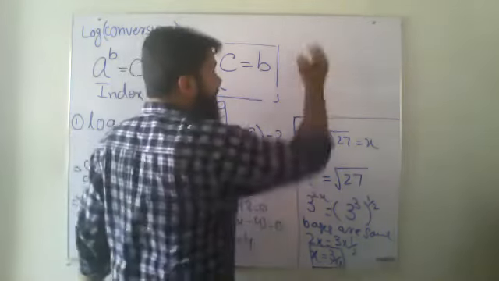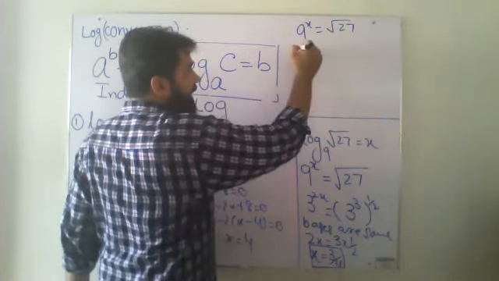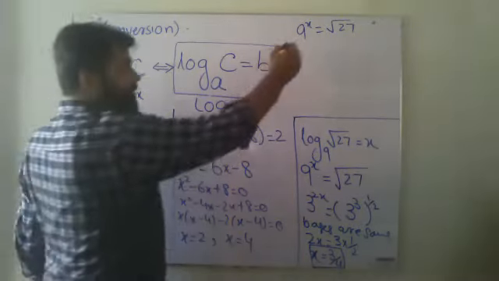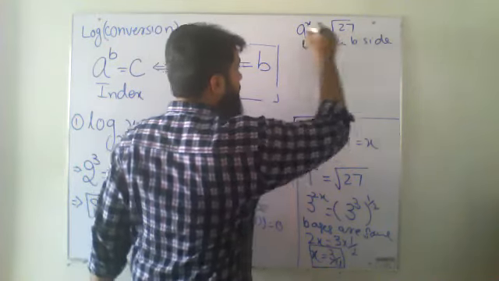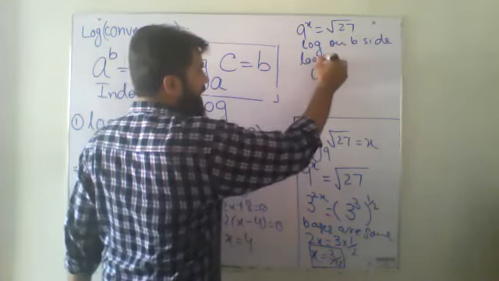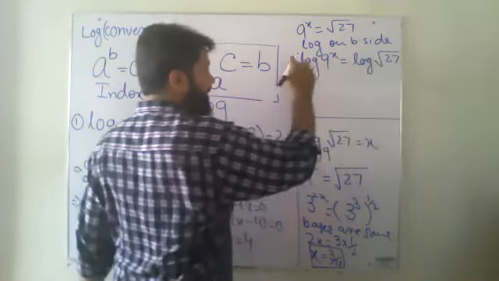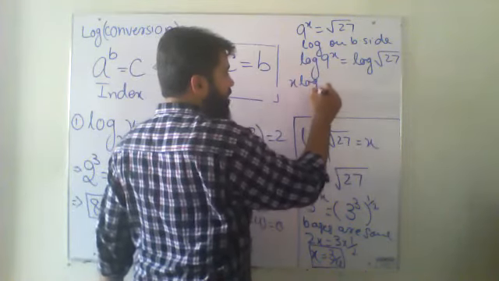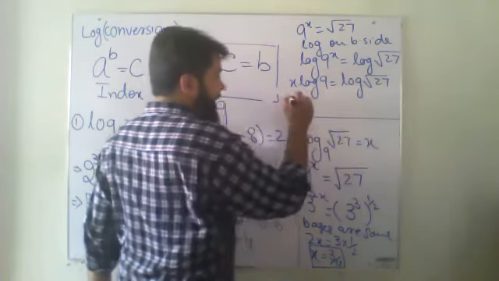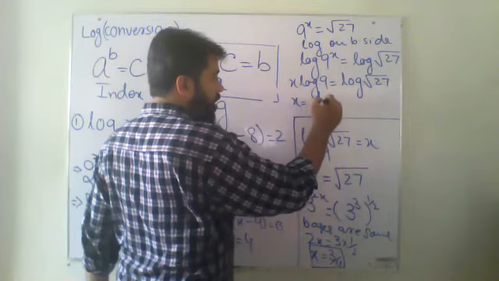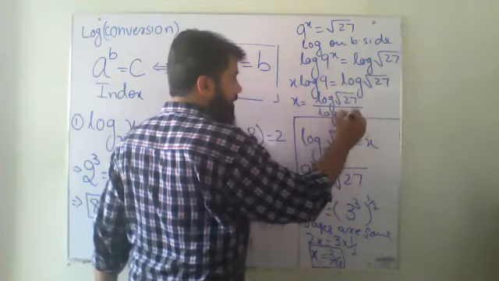So I've converted it: 9 to the power x equals root 27. Applying log on both sides. Log on both sides. So log 9 to the power x equals log root 27. x will be shifted before it. x log 9 equals log root 27. x equals log root 27 over log 9.